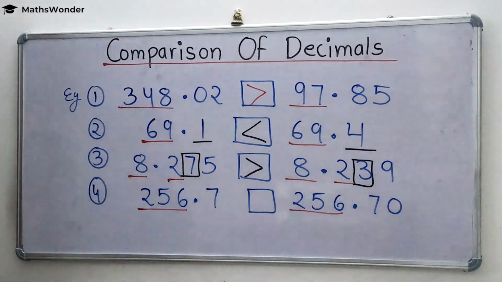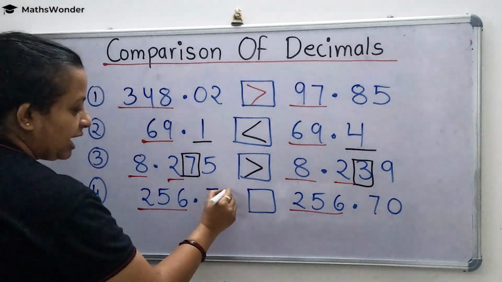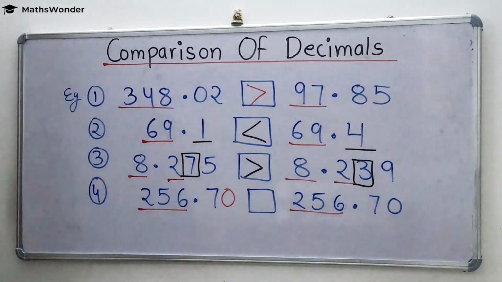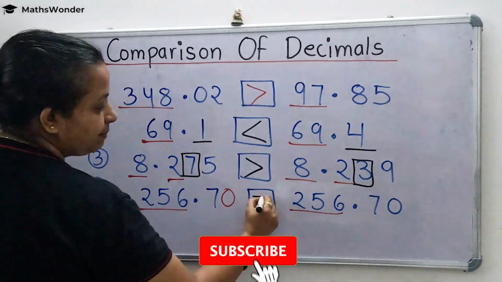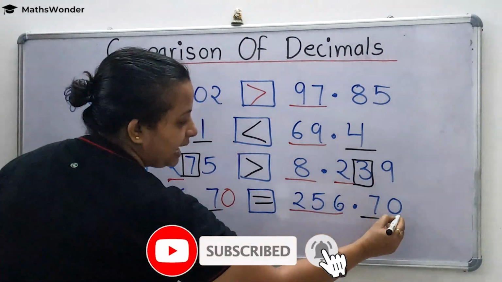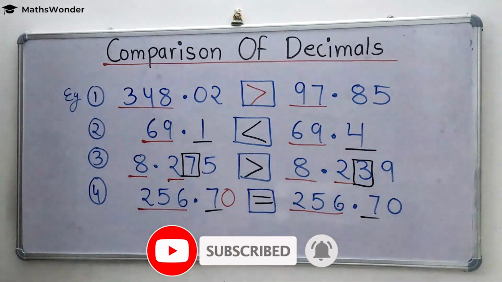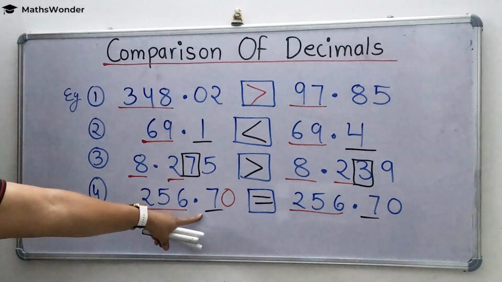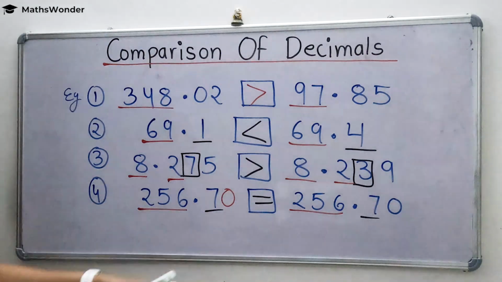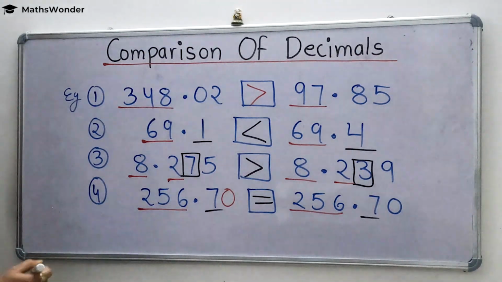When you add 0 at the extreme right, there will be no change in the value. So I can add the 0 here. Now check which is greater. Is anyone greater, or are they the same? Same, because 7 is the same and we can add this 0, because this was unlike decimals. So I convert it into like decimals first and then compare it. So it will be easy.